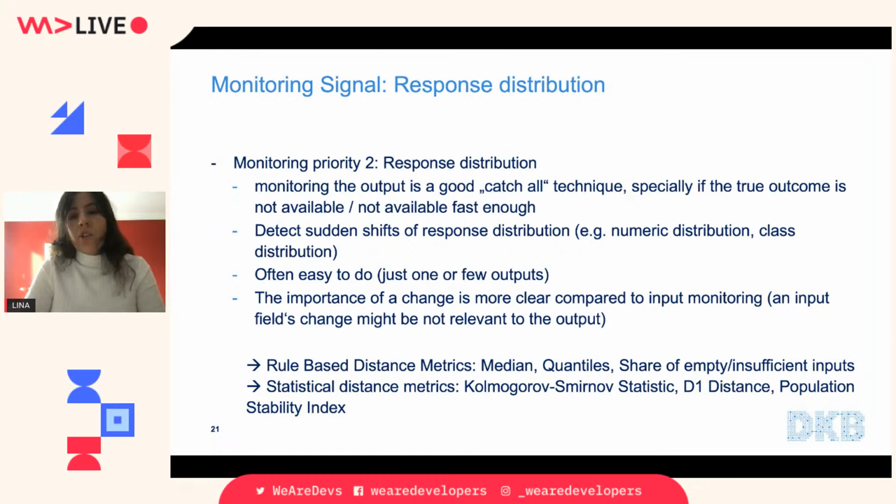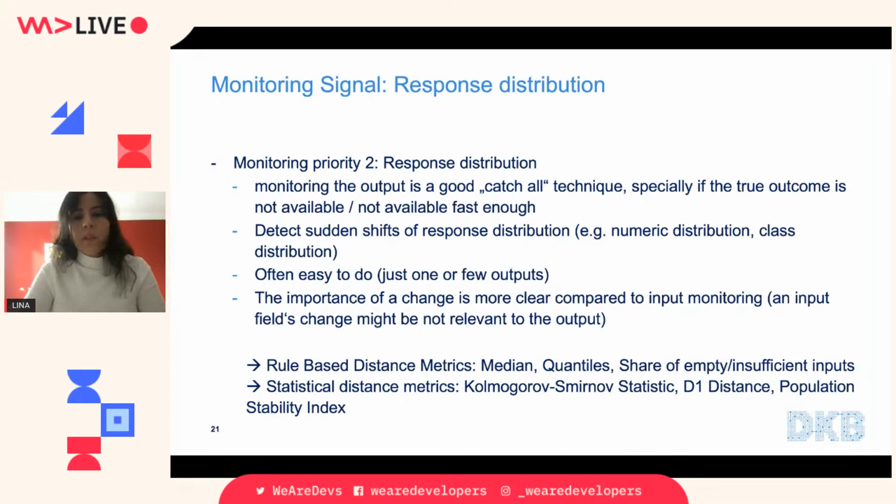This is a really good catch-all technique because the response is in the very end before you return to the customer. And so if something suddenly shifts there, it's a good indication that something happened and you might want to investigate if that is problematic or not. So for example, sometimes you return a score, like a numeric distribution. Sometimes you return a class.